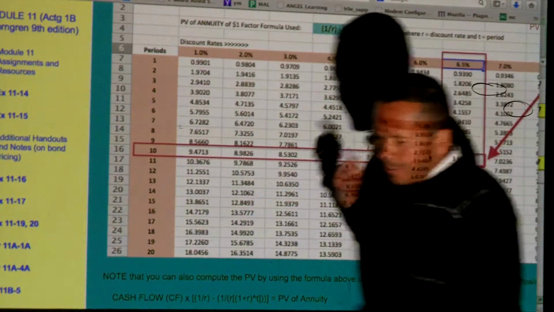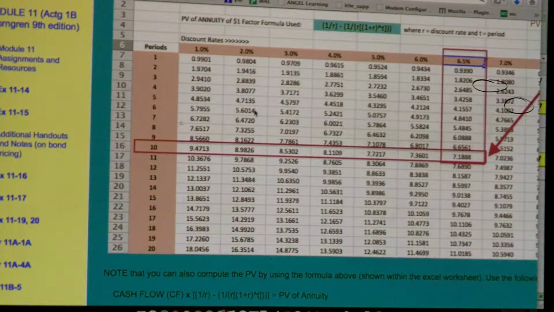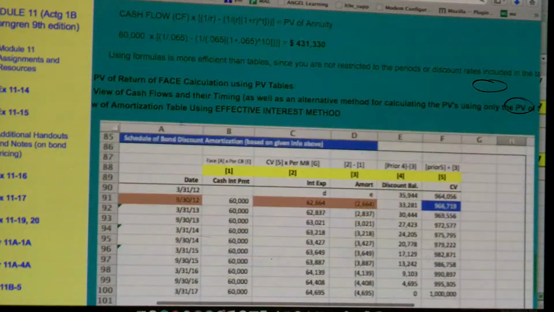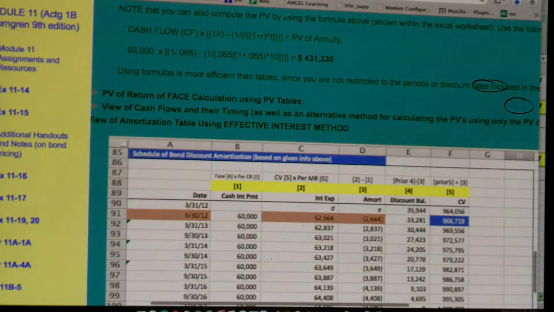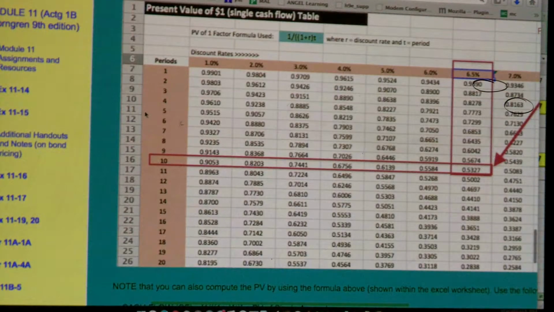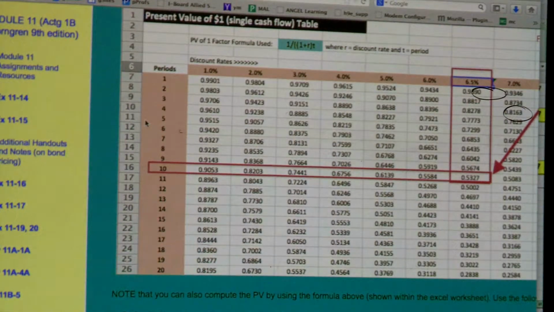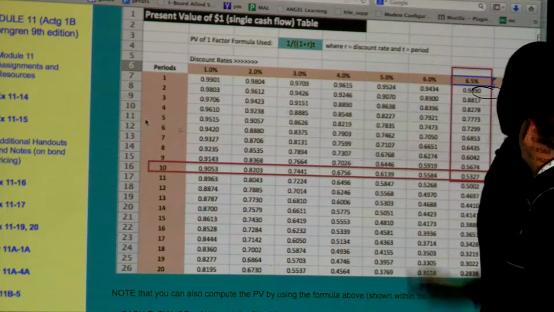Now, that's the present value of an annuity table. In the same way, to get the present value of a single amount, you will use a different table. The setup is very similar to the previous one, but it has different numbers, as you can see.